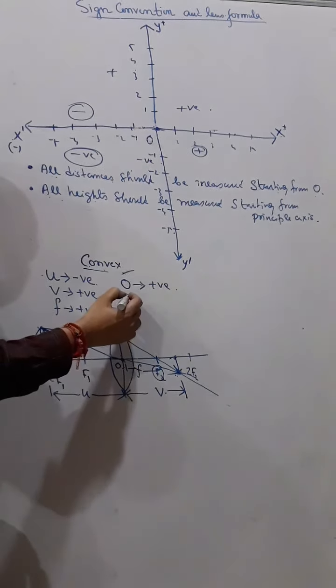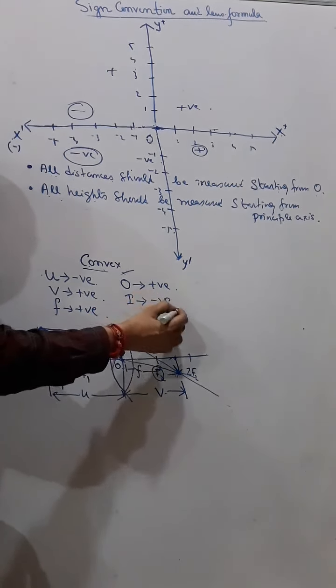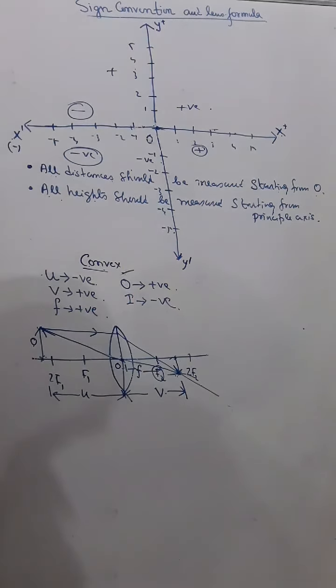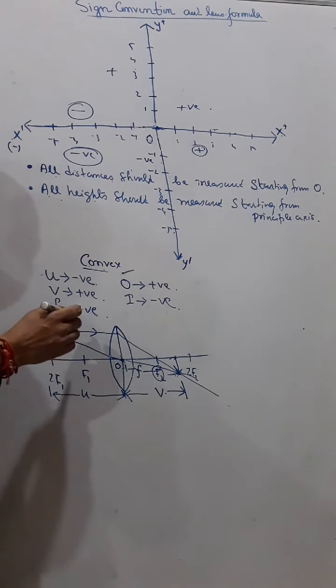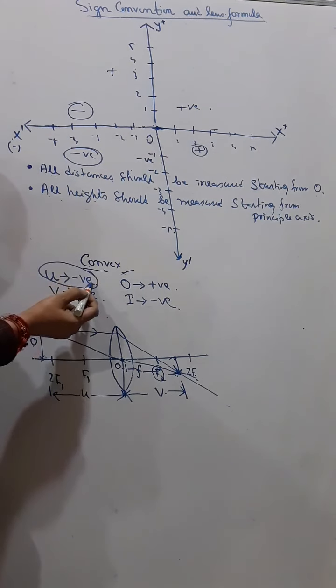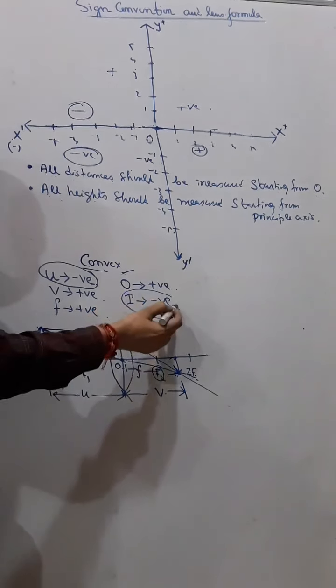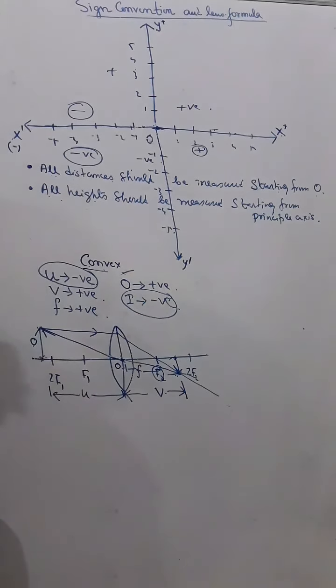So that means height of the image is always negative. Understand? So finally what we can say, that object distance and the height of the image is negative in case of a convex lens in all cases.